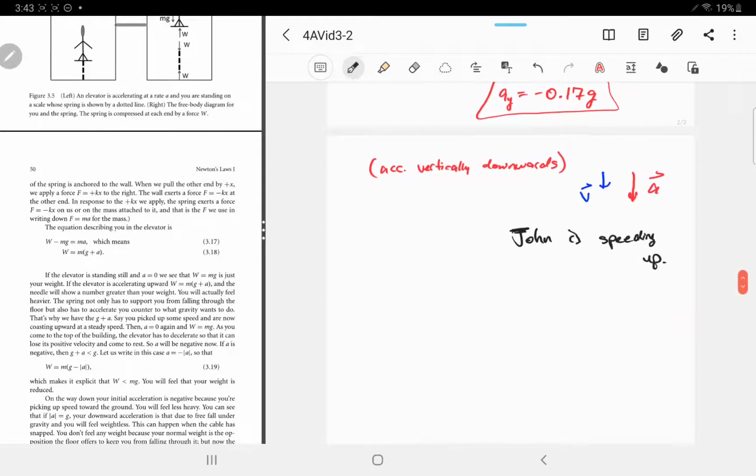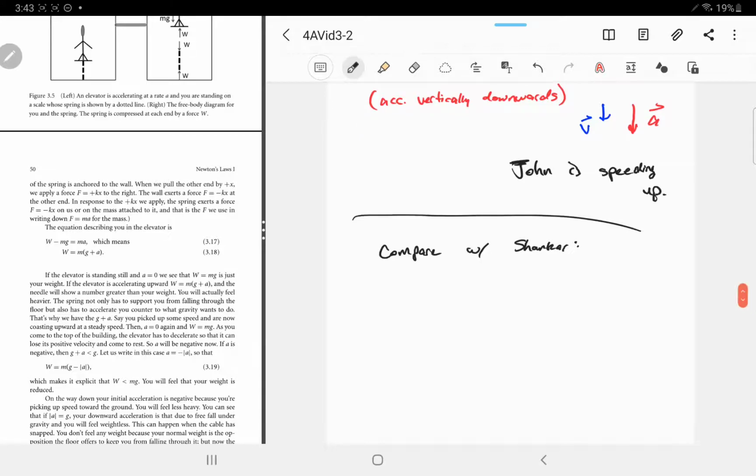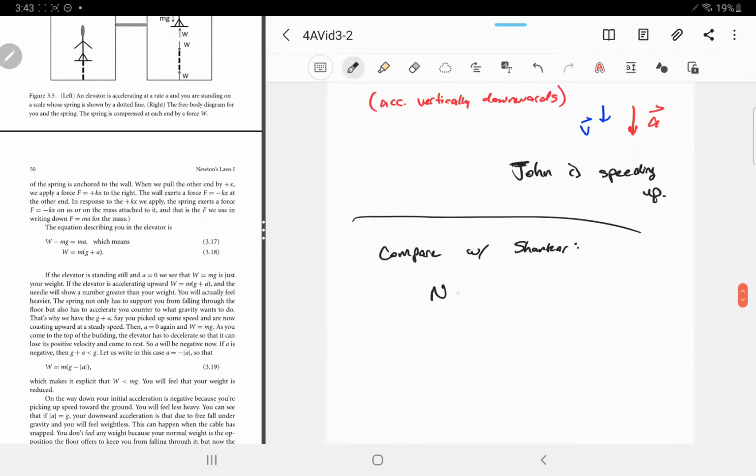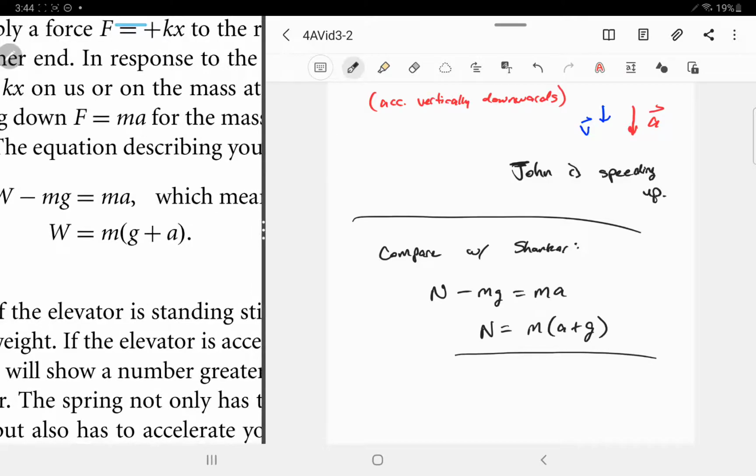So let me compare with Shankar here. The equation we have here is that the normal force minus mg is equal to ma. What I'm calling the normal force is what your book is calling weight. Notice how we can write this normal force as m times (a plus g), and this is exactly what your book is doing.